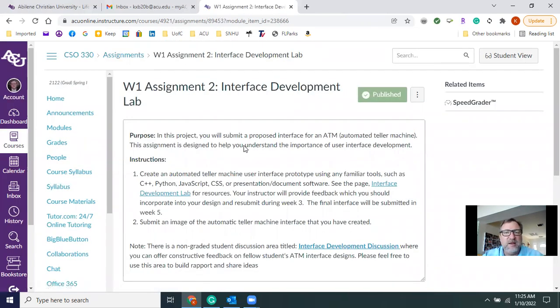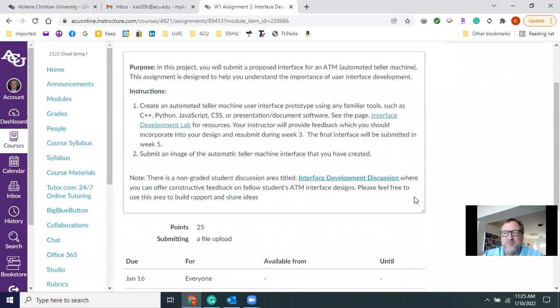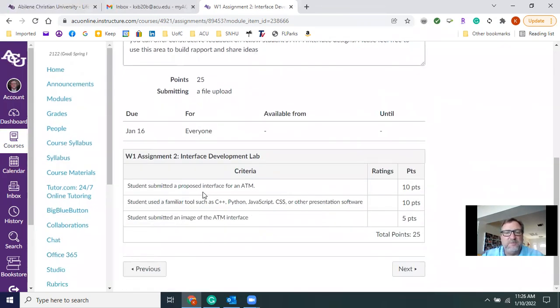There's also an interface development lab, where you get to start creating the ATM interface. We'll be using this ATM interface development throughout the course. There's also a non-graded discussion area titled Interface Development Discussion, where you can discuss with your cohorts and fellow classmates how the process is going. Don't get too hung up if you're new to JavaScript. I work mainly in Java and C++, and have a little bit of knowledge of Python, but we're not asking you to build an ATM machine.